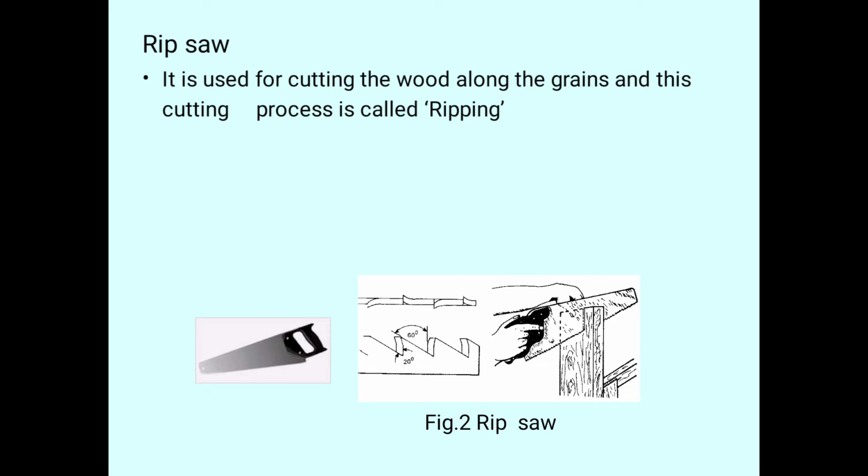So by using a rip saw, we can cut the wood piece along the grain.